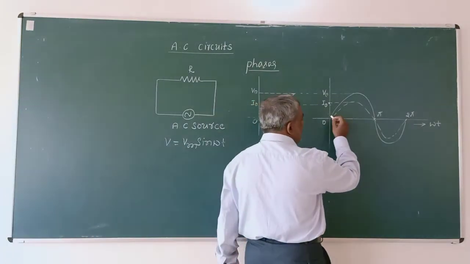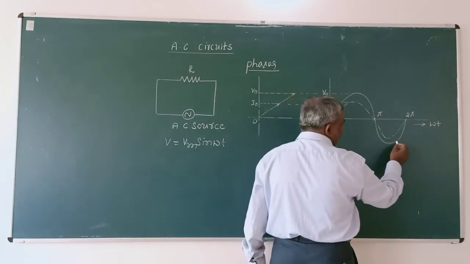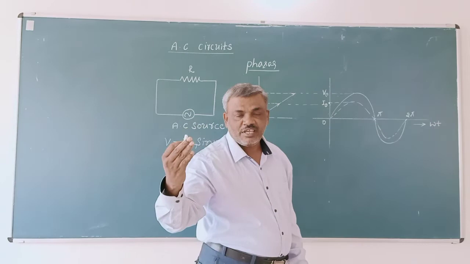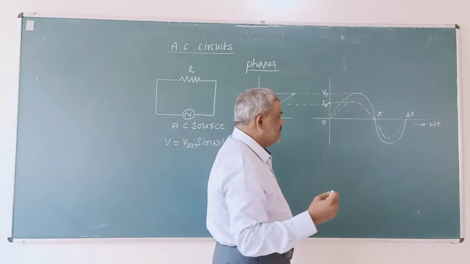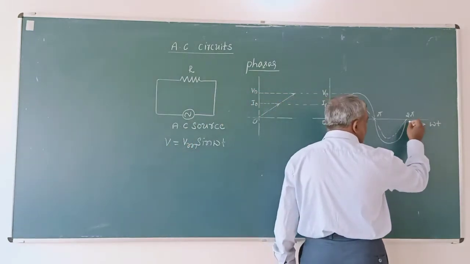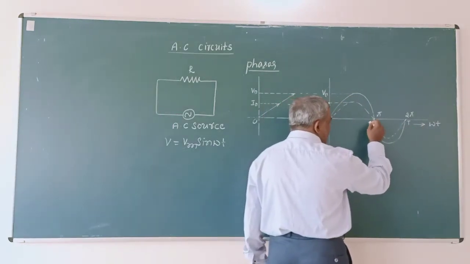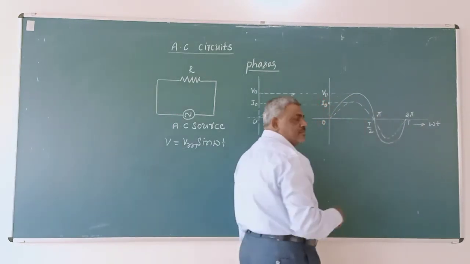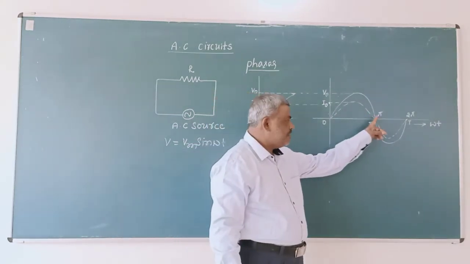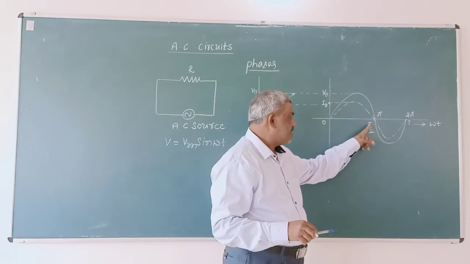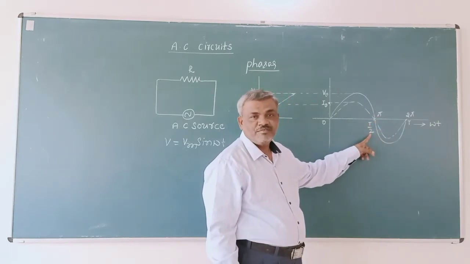The time taken by alternating current to complete one cycle is called the period of AC. The period is represented by the symbol capital T. So at half, T by 2, the current and voltage are in the same phase.